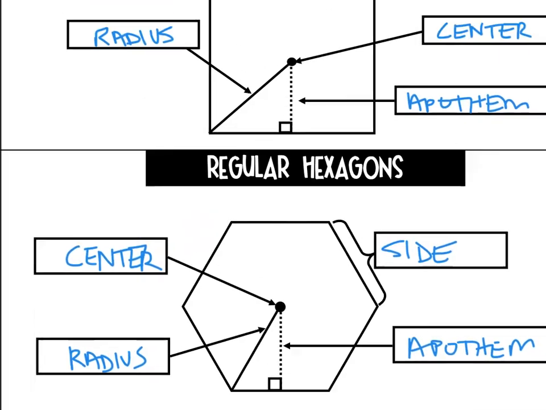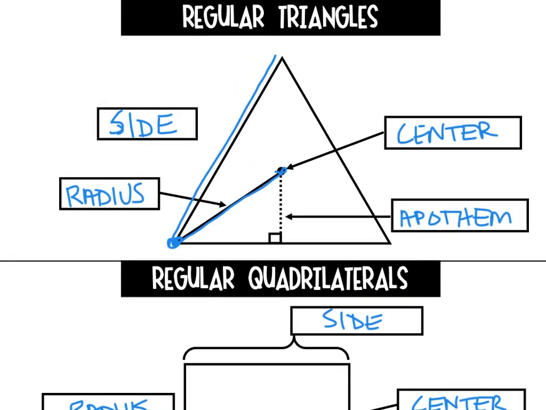The other thing that we're going to add on this page is that they actually are making special right triangles. So in my equilateral or my regular triangle, it makes a 30, 60, 90 triangle. You can remember that because equilateral meant that this whole angle right there is a 60-degree angle, so half of that is 30.